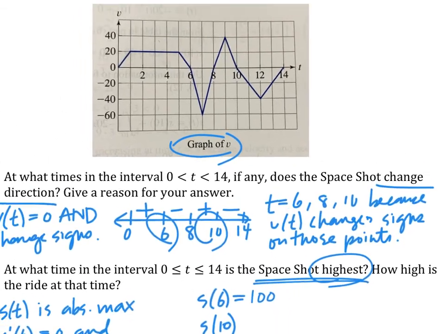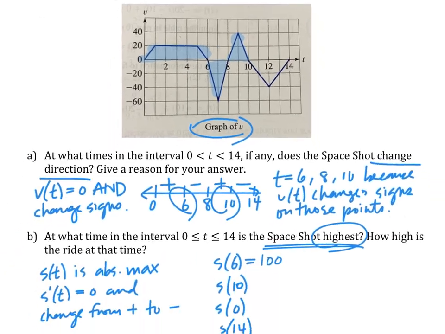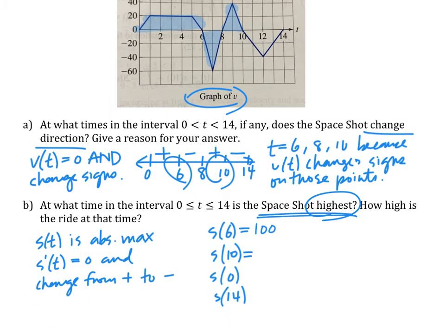S of 10 is this part minus this part, because we're now talking about position, so the area beneath the curve is negative, and then add this part. So S of 10 is 80. S of 0 is 0 because it doesn't tell us that there is initial position, so we're assuming that it just started at 0.